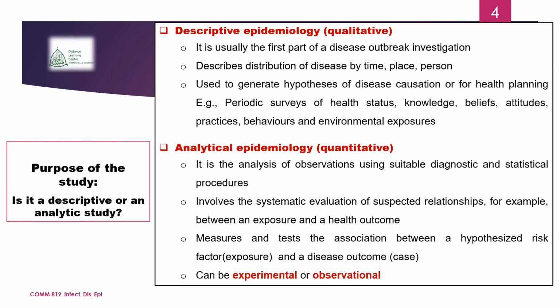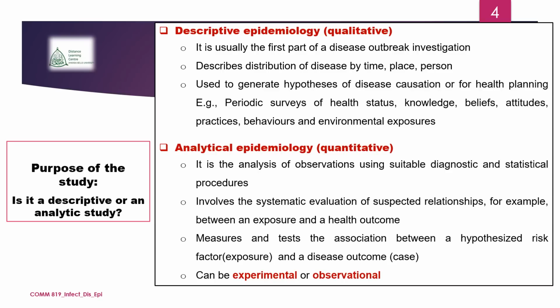Let's look at consideration number one, like we said, the purpose of the study. For the purpose of the study here, we're going to ask the question: is it a descriptive or an analytic study? A descriptive study is usually qualitative in nature.